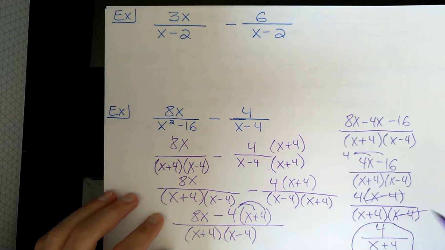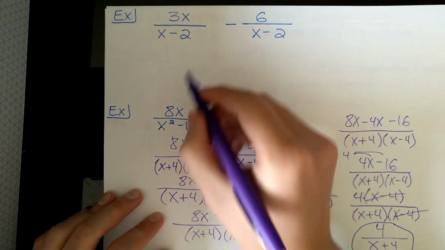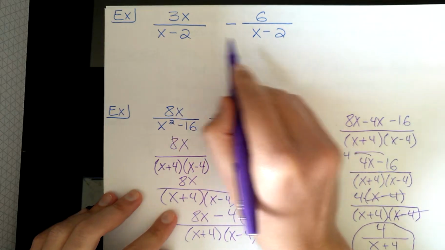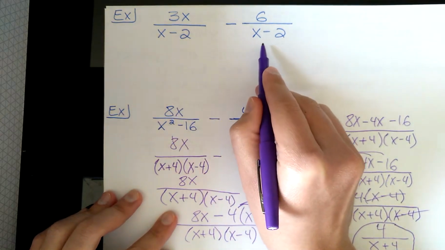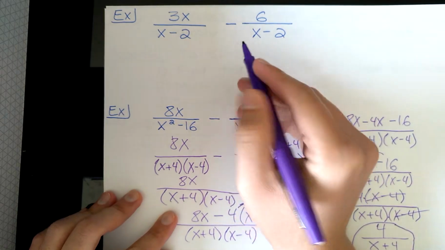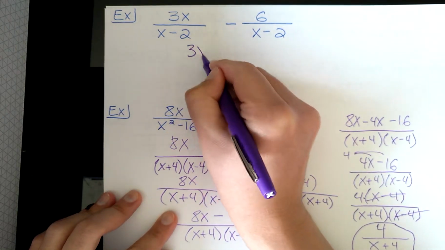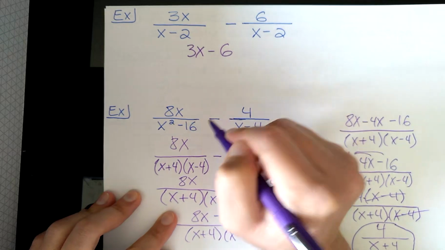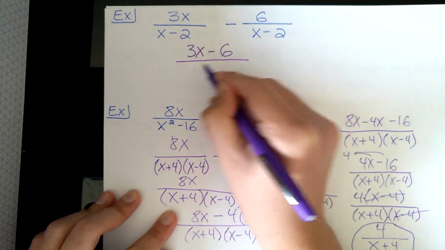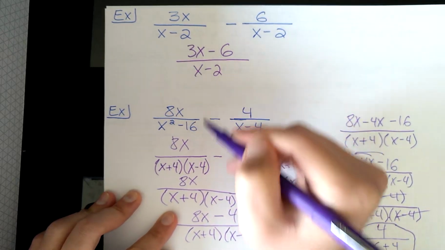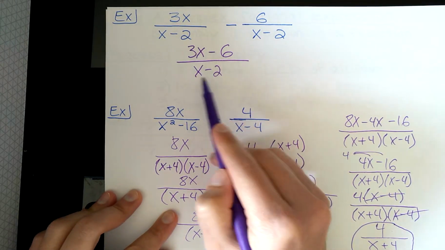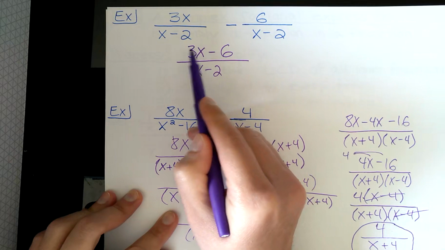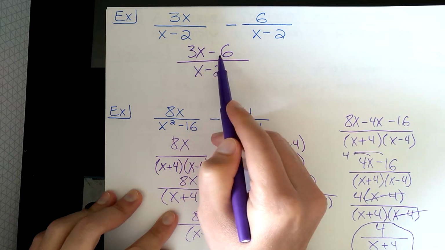Okay, so now trying this together, we check if we have a common denominator, which we do in this case, x minus 2, so we can immediately subtract, which gives us 3x minus 6 over x minus 2. From here, we check if there's anything that'll factor. We can factor out a 3 from each of these terms.